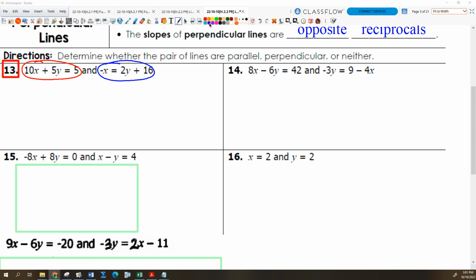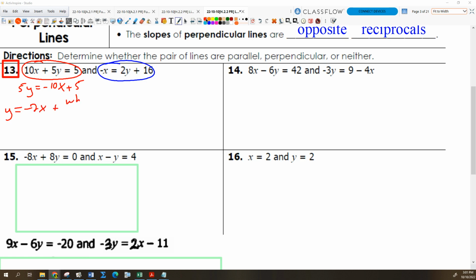So what are the steps to solve for y in the red equation? Okay, subtract the 10x, right? So we end up with 5y equals -10x plus 5, and then what? Divide by 5.